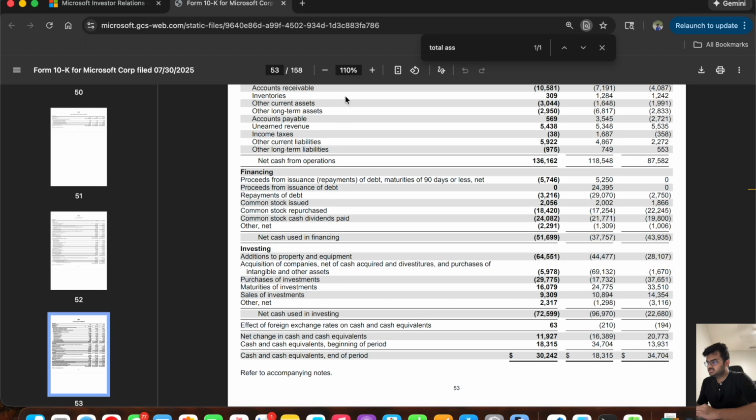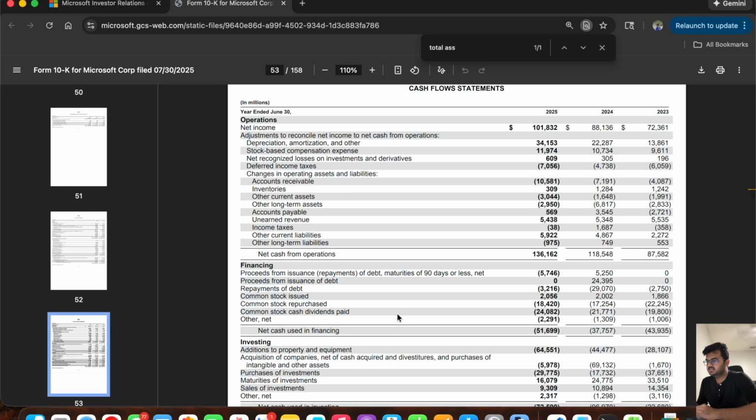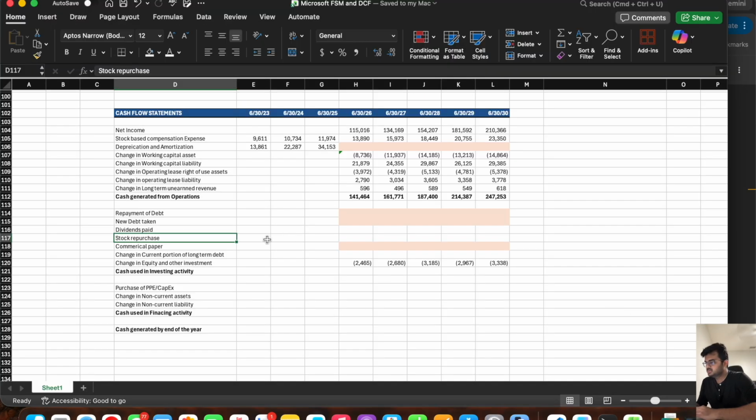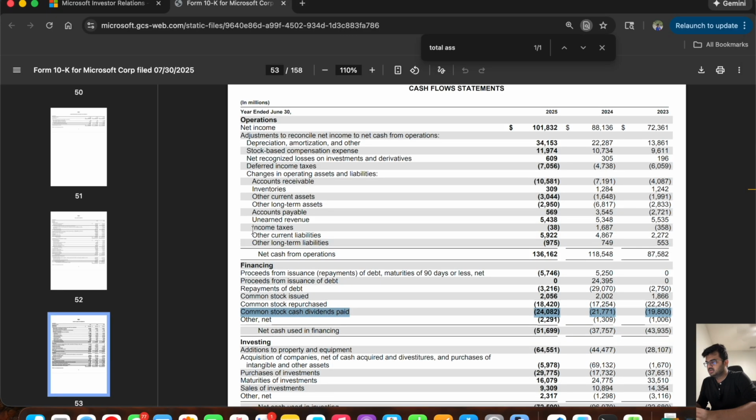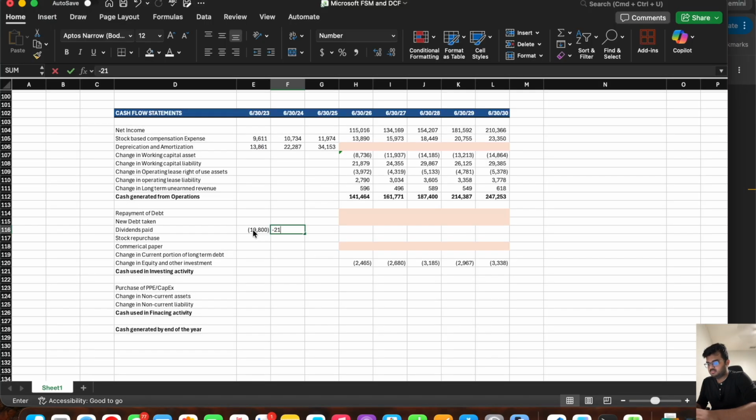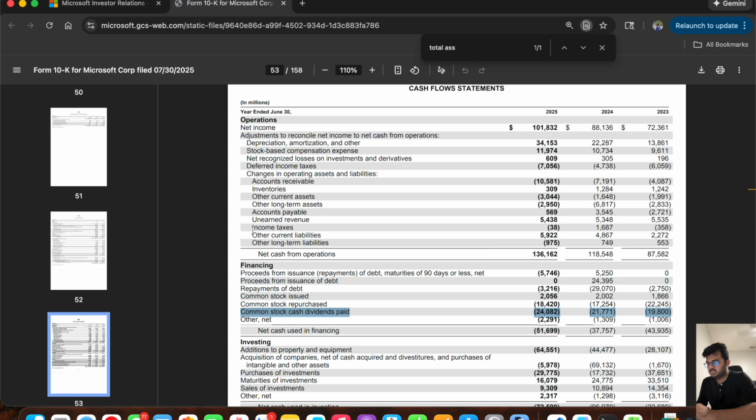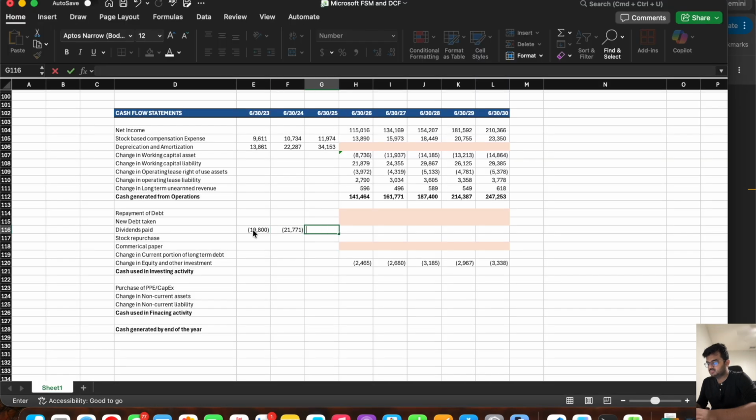And see what dividends Microsoft paid in the last 3 years. So common stock cash dividend paid, this is the number I was looking for. It is $19.8 billion in 2025. We'll type in the number here first. 19,800, 21,771, 24,802.